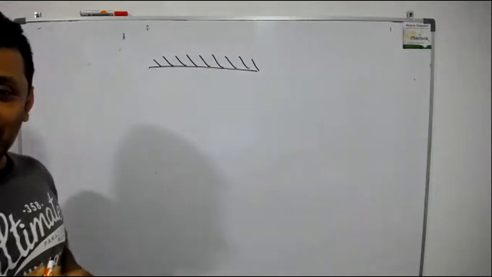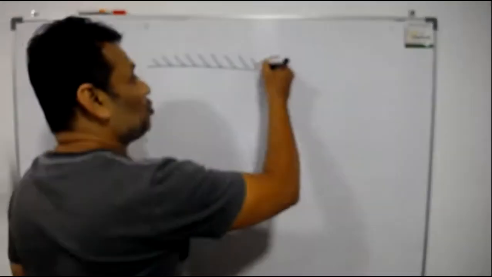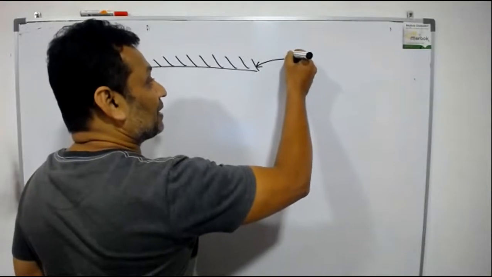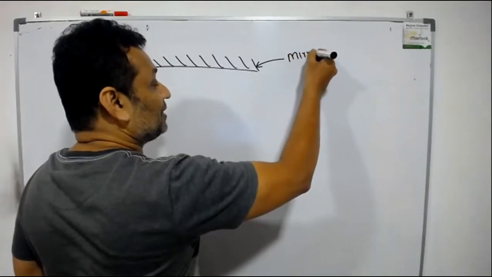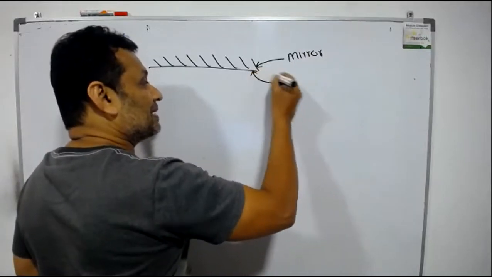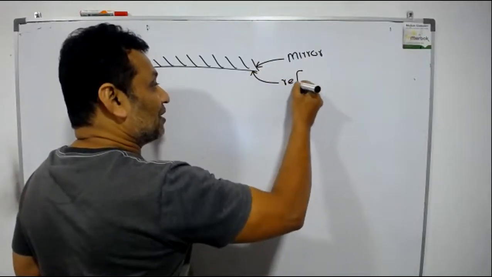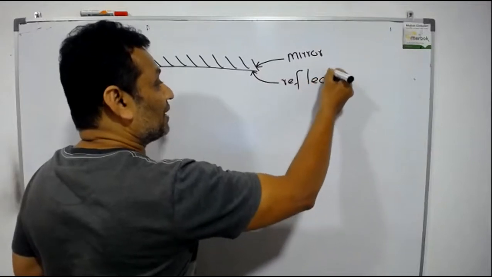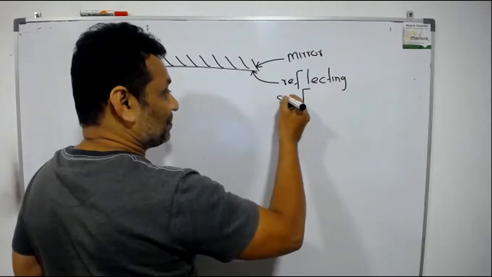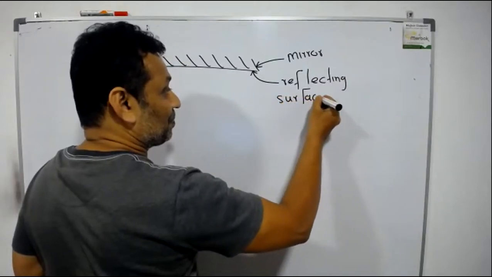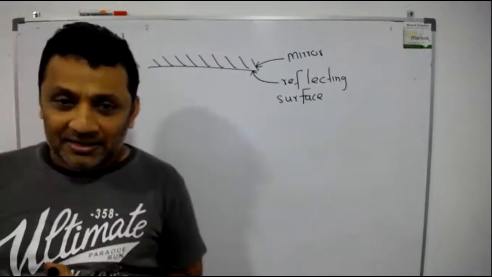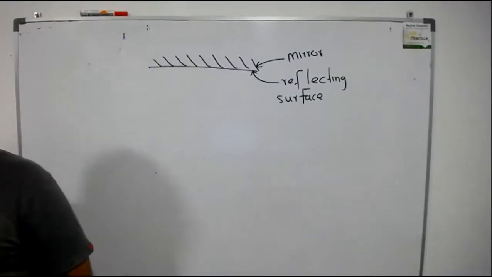Yes. So you mark this one as the mirror. And in the mirror, this is the reflecting surface. You mark it down, the reflecting surface. There is a mirror, it has a reflecting surface.